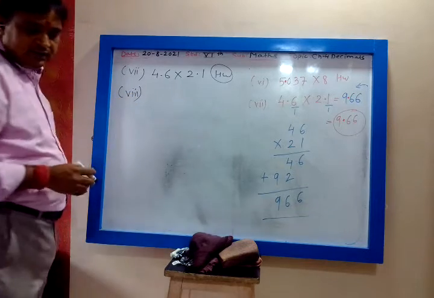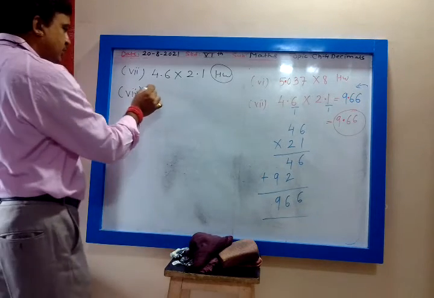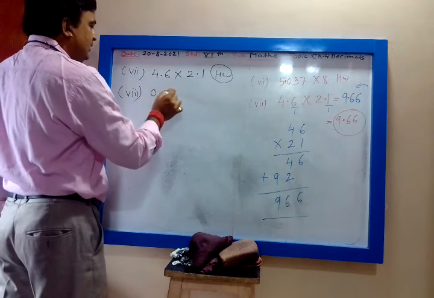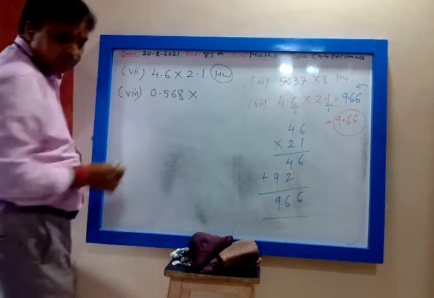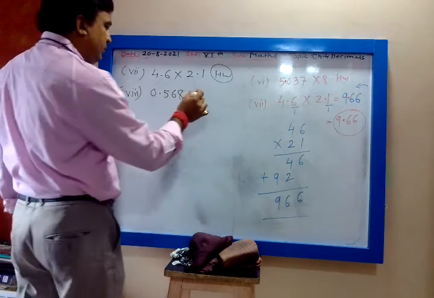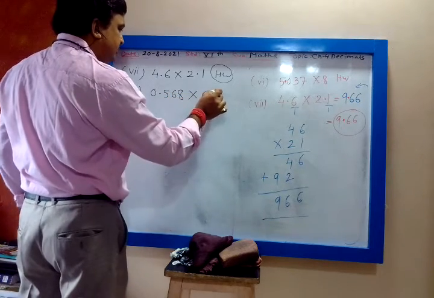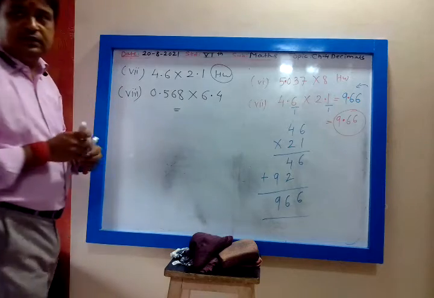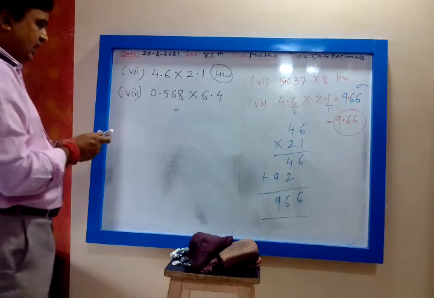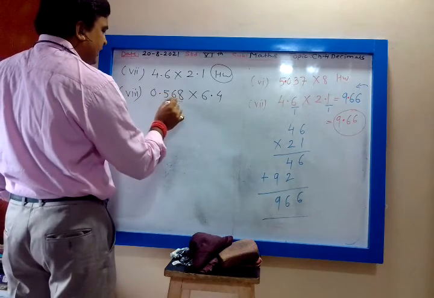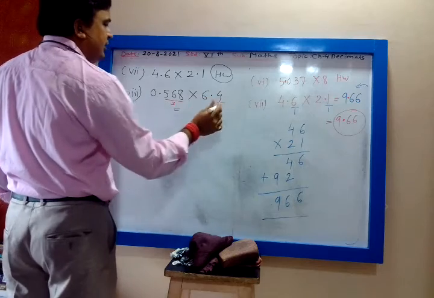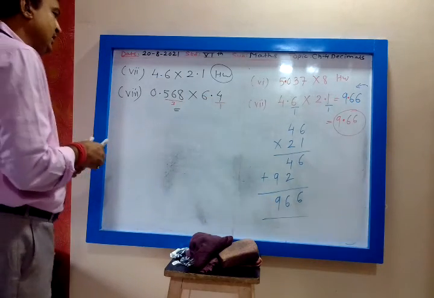Yes. Now the 8th one, 0.568 by 6.4. Screen is clear. This has 3 places and this has 1. So in the product you will place the decimal after 4 digits. Okay, let us multiply.